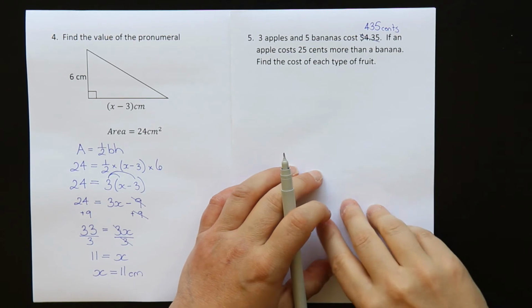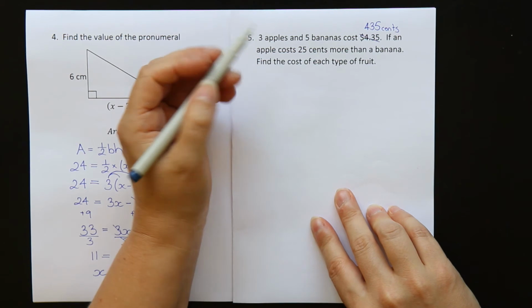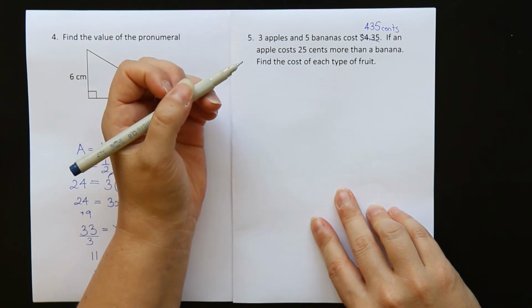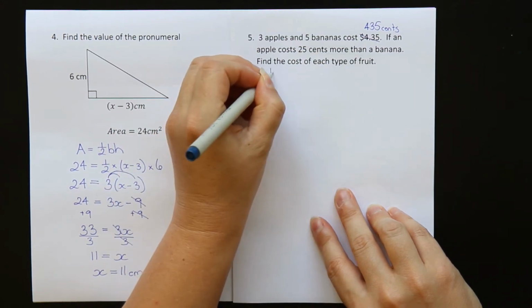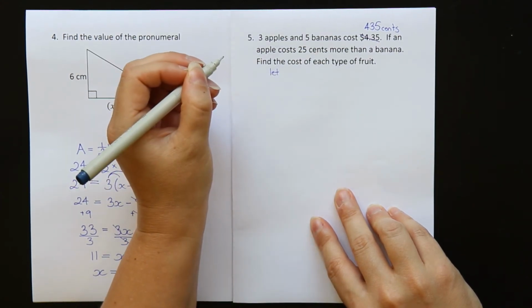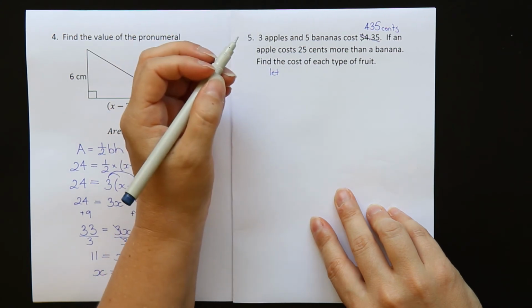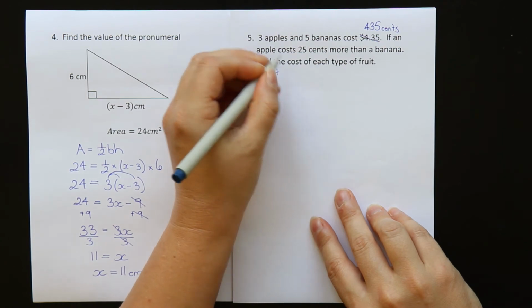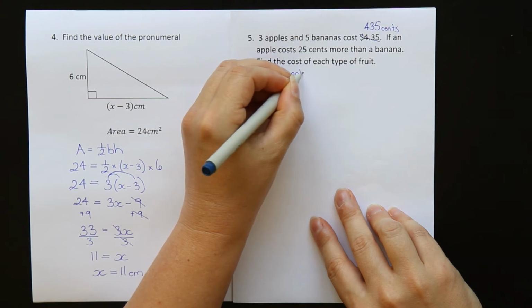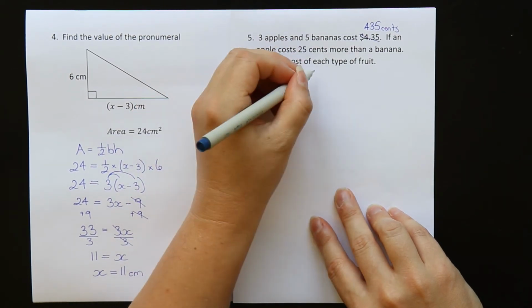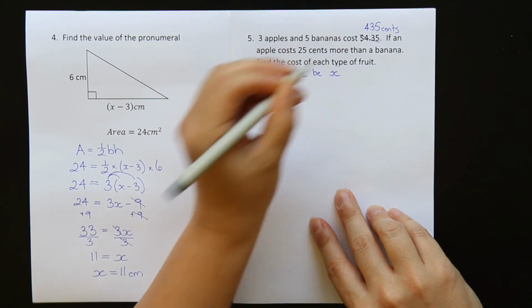Alright. Now, I have apples and bananas here. I only want one pronumeral in my question. So what shall I choose? An apple costs 25 cents more than a banana. So let's say, let apple be the letter x.